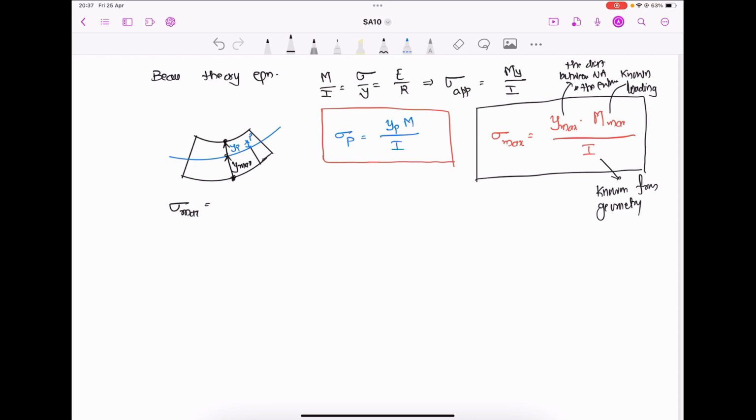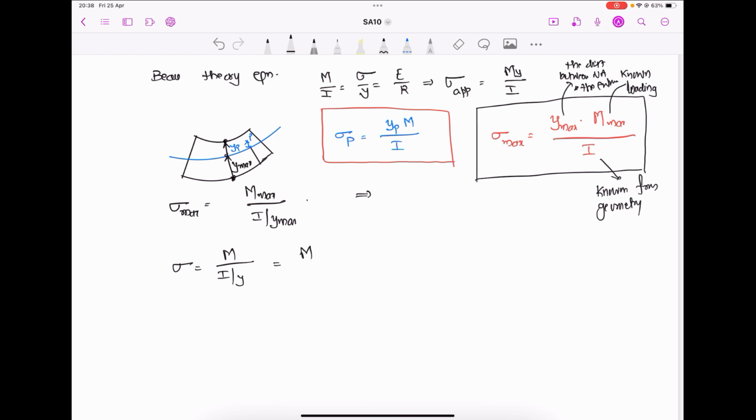Then can we write like this? M maximum divided by I by Y. Or if you forget all these maximum subscripts, you can write sigma is equal to M by I by Y with regular definitions.